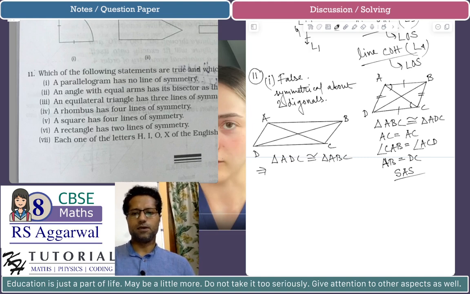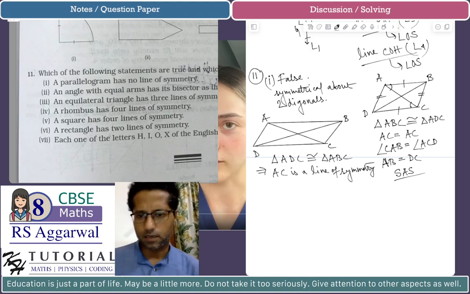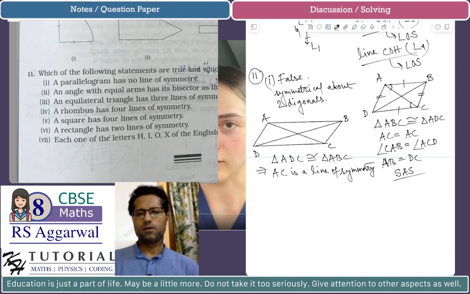From this we can say that AC is a line of symmetry. By the same logic, BD will also be a line of symmetry. So this is false. We can clearly see the diagonals are lines of symmetry in a parallelogram.